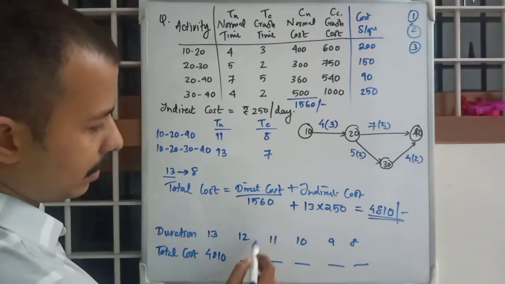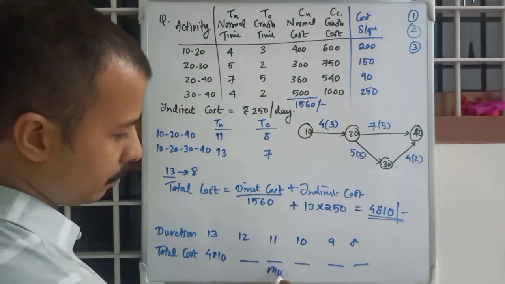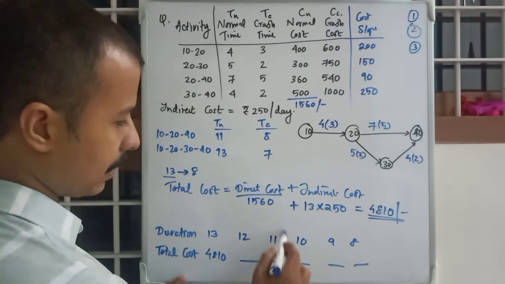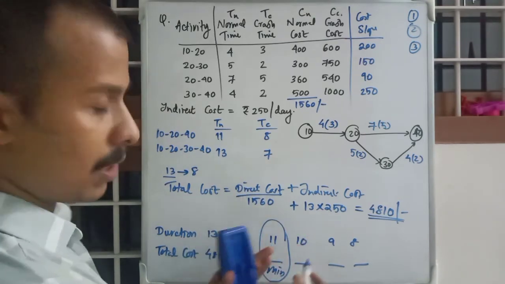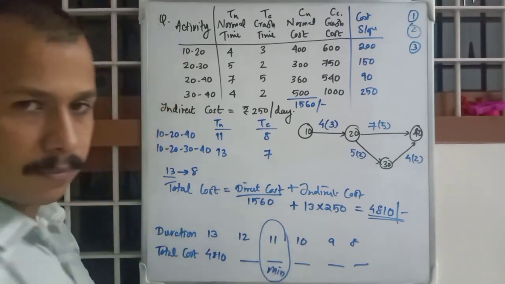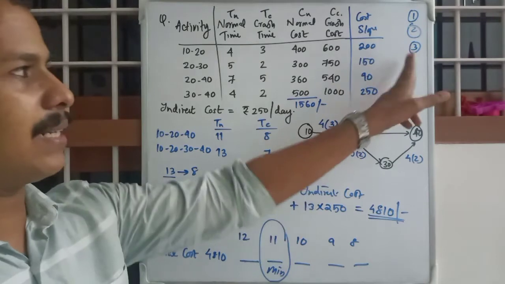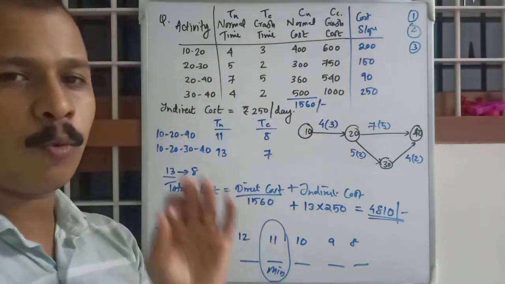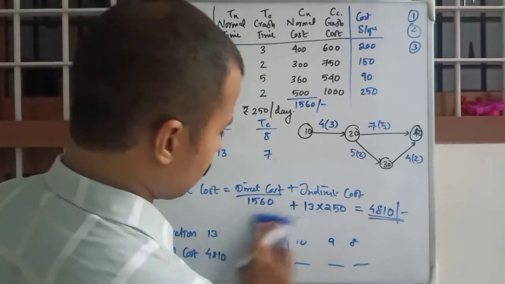Suppose the total cost corresponding to the 11th day is minimum. You will select this one as the optimum cost. If the 10th one is minimum, you will take the 10th one. Okay, that is what we are going to do. So right now, the third step is to crash 1 day at a time. Okay, so that is a bit tricky. We will just get into it.